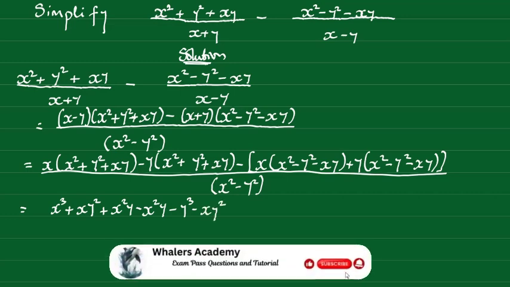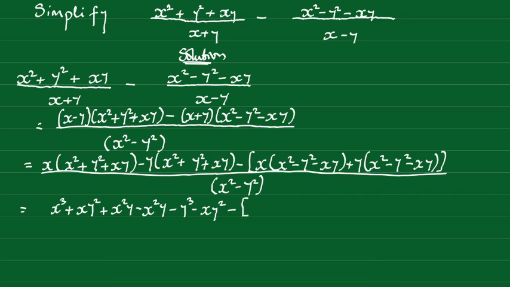We bring our minus sign, open our brackets here separately, and we have x times x squared. This gives us x cubed. x times minus y squared will have minus y squared x. Then x times minus xy, we have minus x squared y. All right. Next, we have plus y times x squared, we'll have plus x squared y.